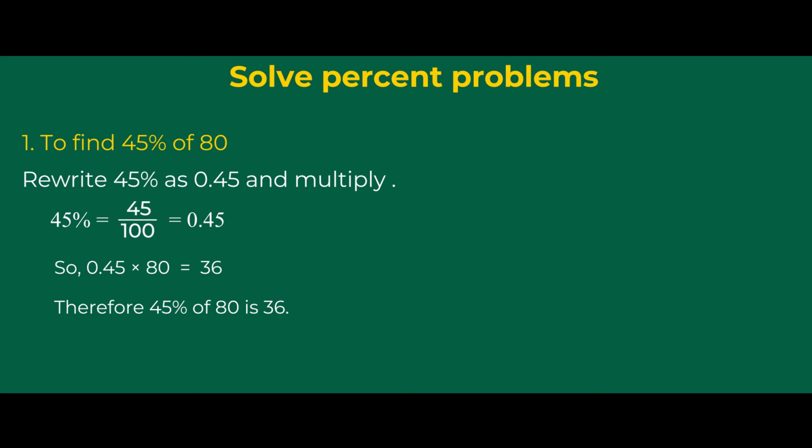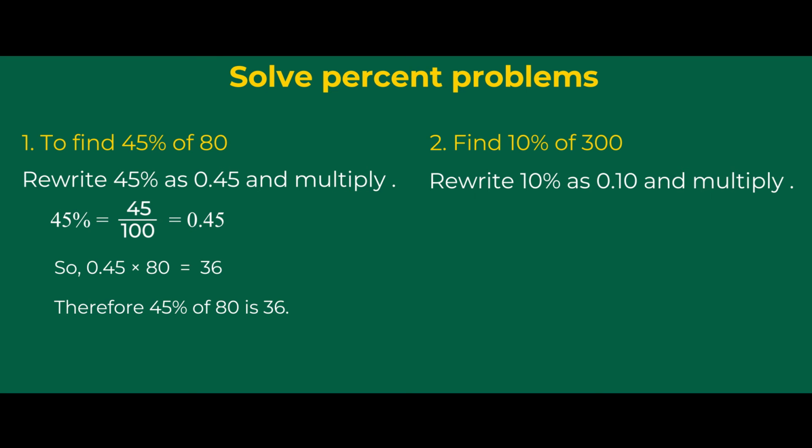Now let's move forward with example number 2. Find 10% of 300. Now again, what are you going to do here? Yes, you are going to write 10% in the form of a decimal, which is 0.10, or we can write 0.1, and then you have to multiply.